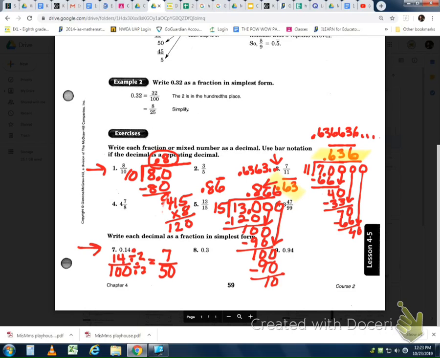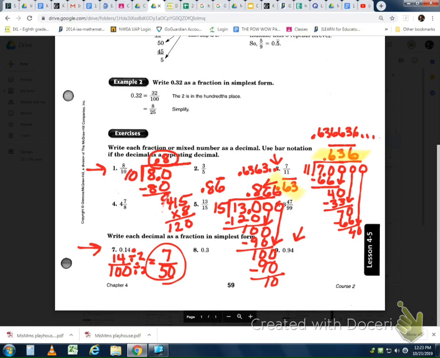Does anything come out of 7 and 50? Is 7 prime? 7's prime, so the only option is if 7 would go into 50 evenly, does it? Nope, so it's 7/50ths.